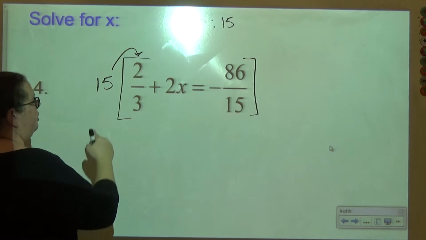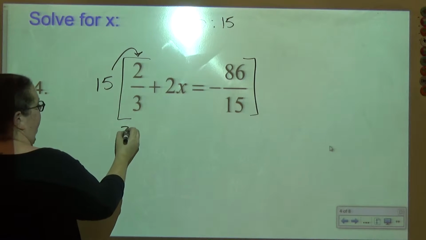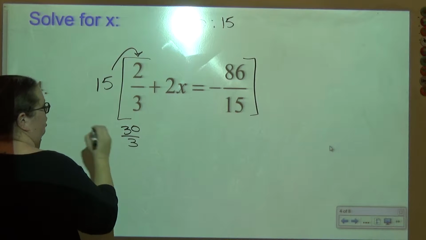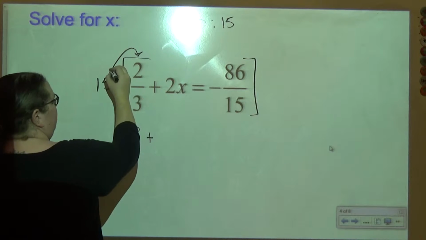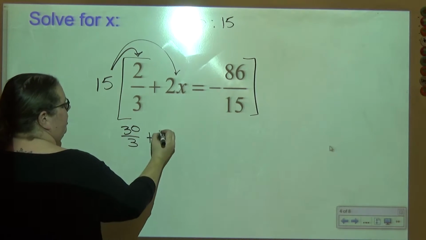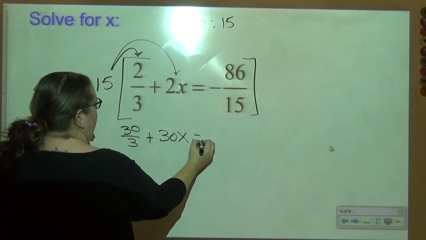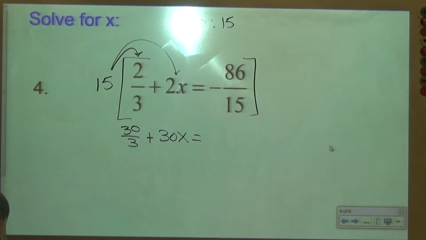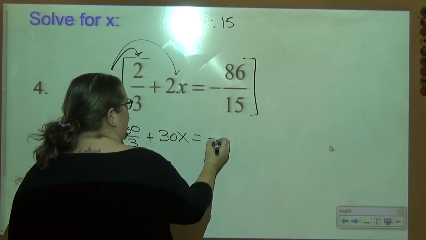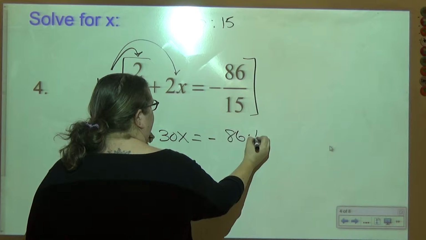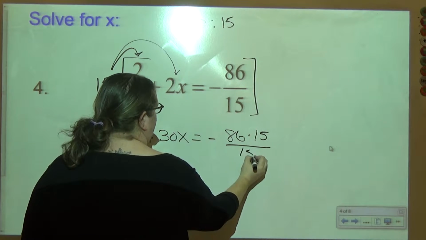Times 2/3, we just multiply the top, so 30 over 3, plus 15 times 2x is 30x, equals, I have no idea what 15 times 86 is, so what I'm going to do is make it negative 86 times 15 over 15 because I have no idea what that is.